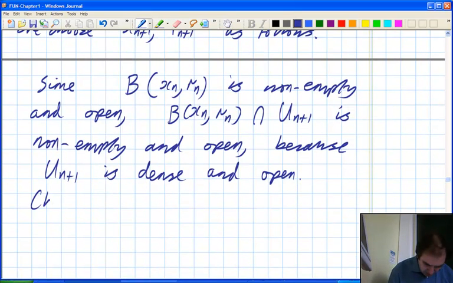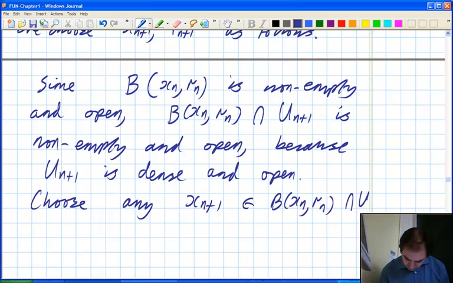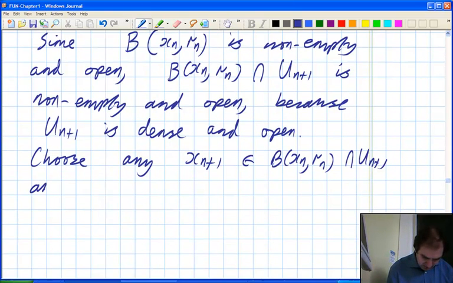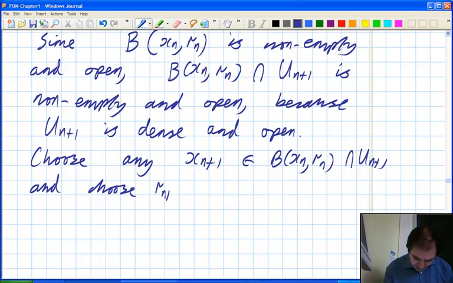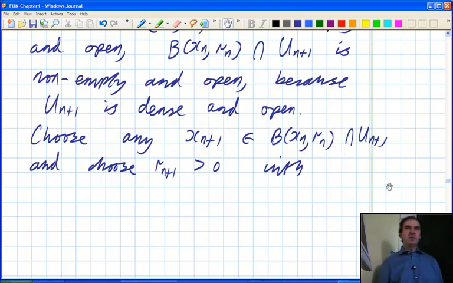So you choose any xn plus 1 in that set, and choose Rn plus 1 greater than 0, and let's make sure it's at most 1 over 2 to the n plus 1.